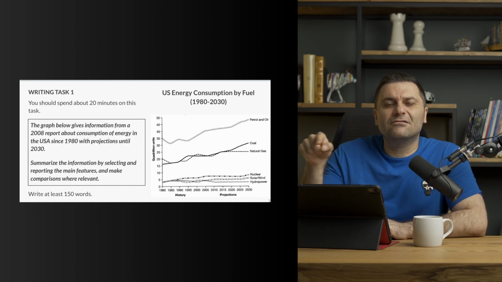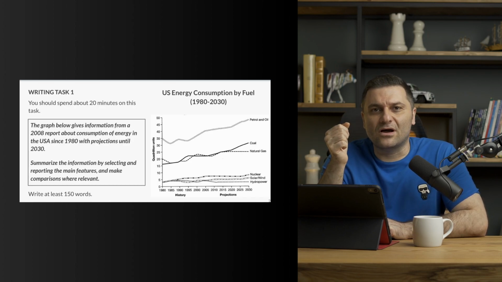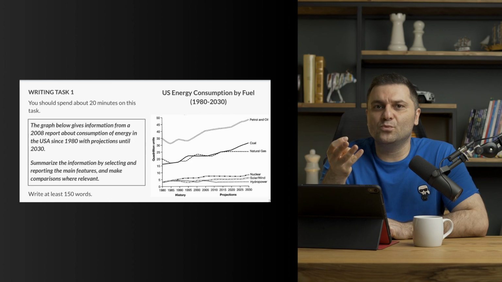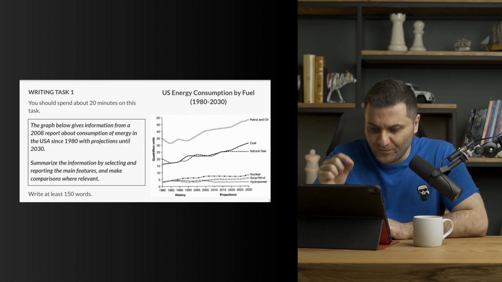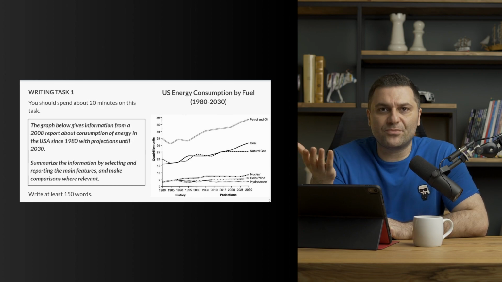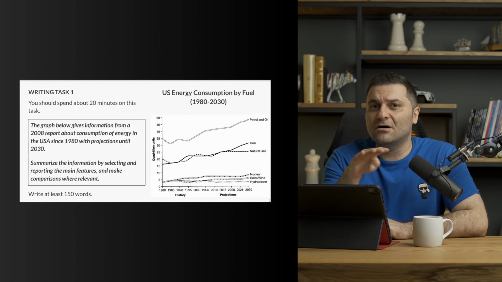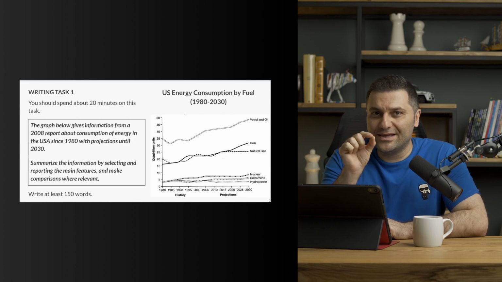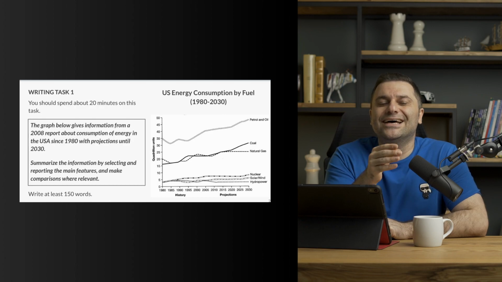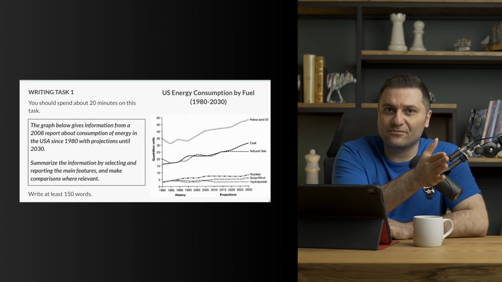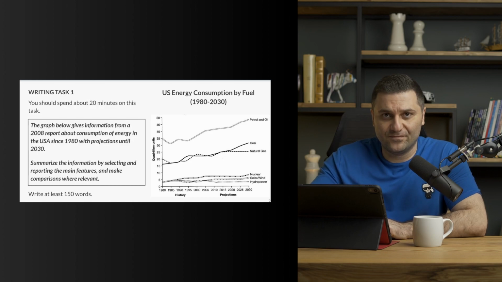So on our graph, on the vertical line, we'll have a unit. Maybe it will be percent, or maybe the amount of something, the money, anything, all right? However, on our horizontal line, what is very important is a date. For example, starting from this date up to this date, all right?